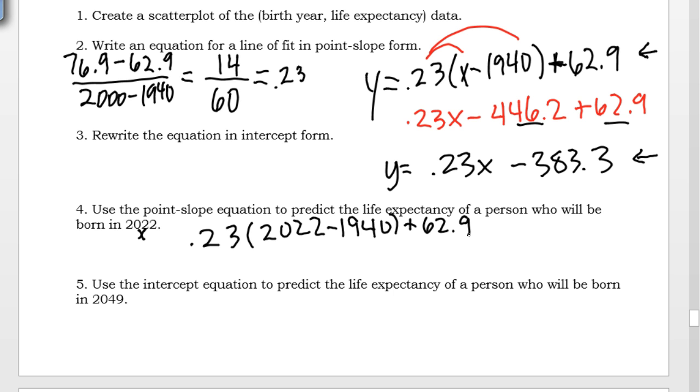So if I do 0.23 times the quantity of 2022 minus 1940 plus 62.9, I get that the average person born in the year 2022 will live to be about 82 years old. I get 81.76.